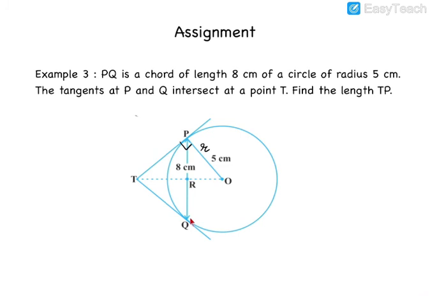TP and TQ are equal because they are tangents from the same point to the circle. PO and OQ will be equal because they are radii, and TO is a common side. So these two triangles will be congruent by SSS, and if they are congruent, then these two angles will also be equal.